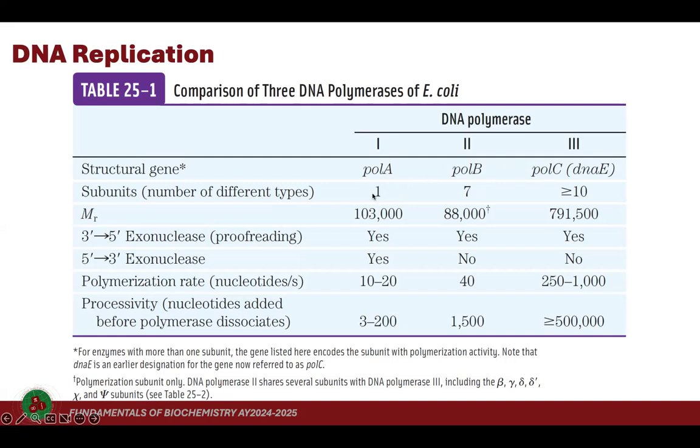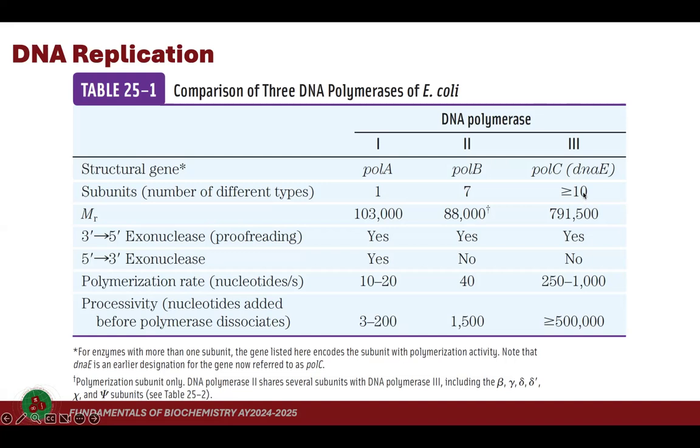And you can see the relative sizes of these polymerases. And of course, the largest would be polymerase 3. And this polymerase 3 is the main polymerase for E. coli DNA replication.